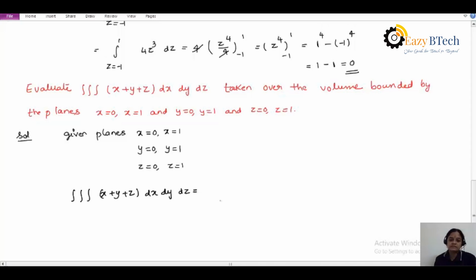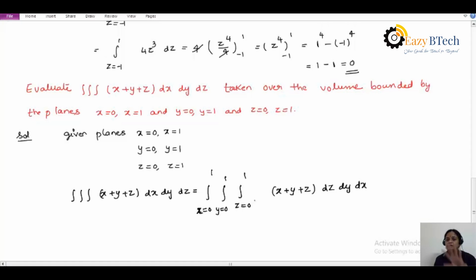So using this plane equations only we are taking the limits here. z is equal to 0 to 1, y is equal to 0 to 1, x is equal to 0 to 1, x plus y plus z dz dy dx, because you wrote in the order here first z and next y and next integration limits as x here.